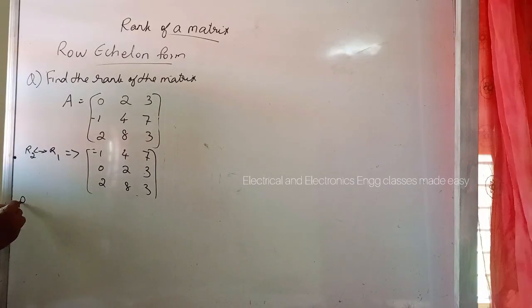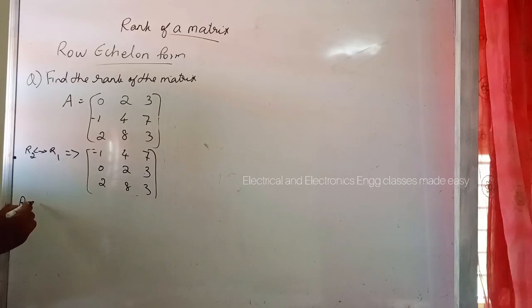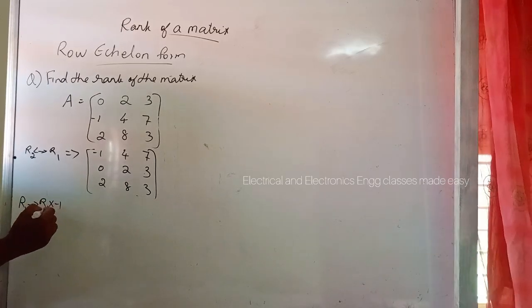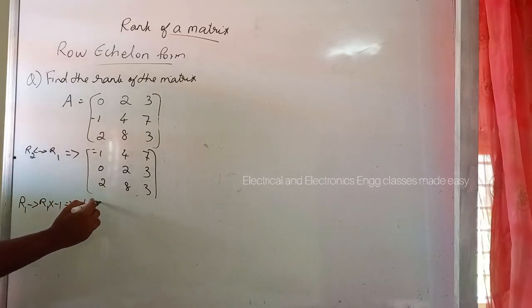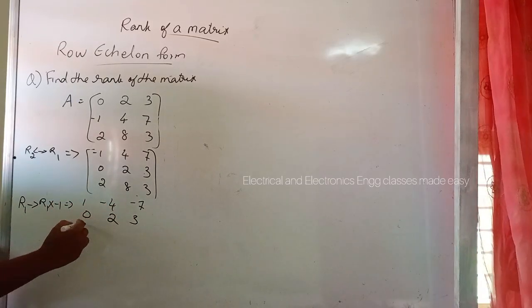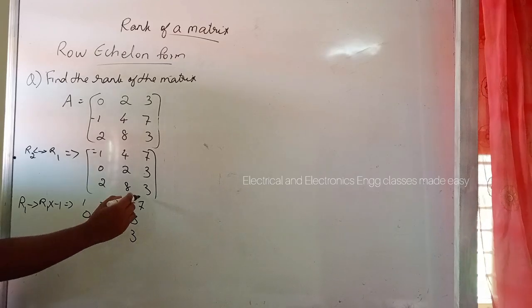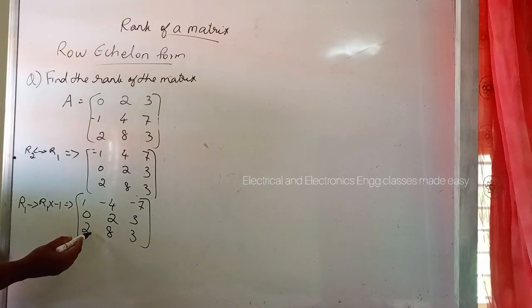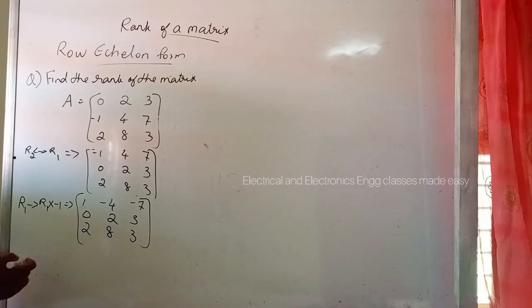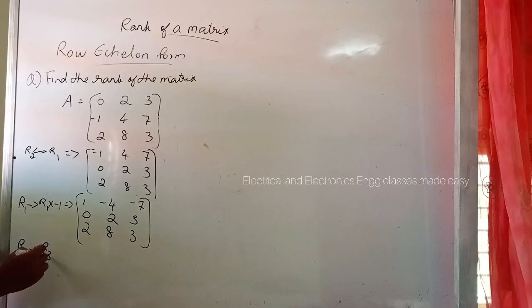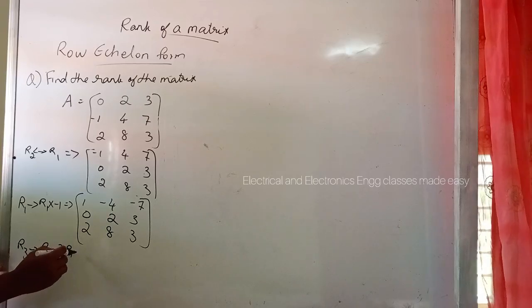For that, let us multiply the first row by negative 1, so R1 becomes R1 times negative 1, that is [1, -4, -7; 0, 2, 3; 2, 8, 3]. Now let us make the third row's first element 0, that is R3 becomes R3 minus 2 times R1.